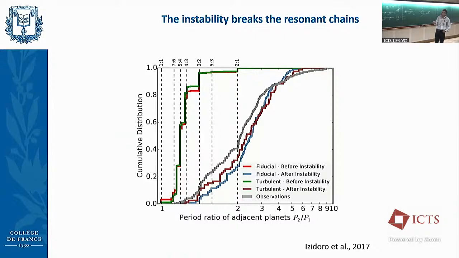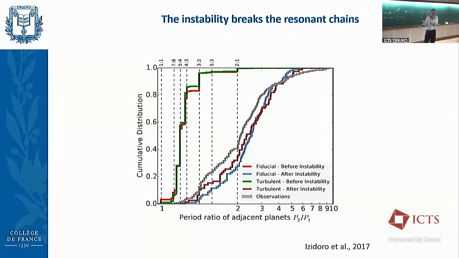There is a slight overabundance of planets close to the main resonances, but very slight and very different from this staircase. And in order to reproduce the observations, one has to conclude that most of the resonance chains become unstable.